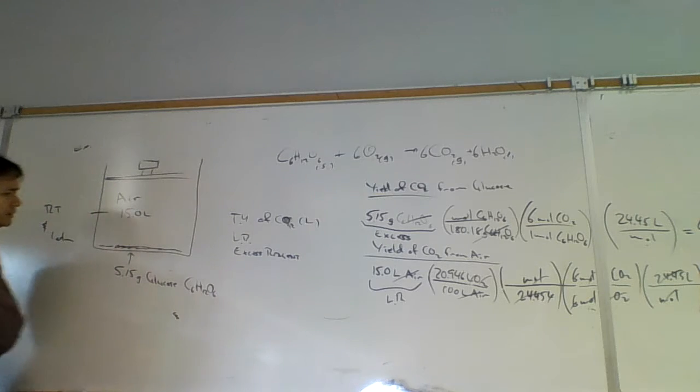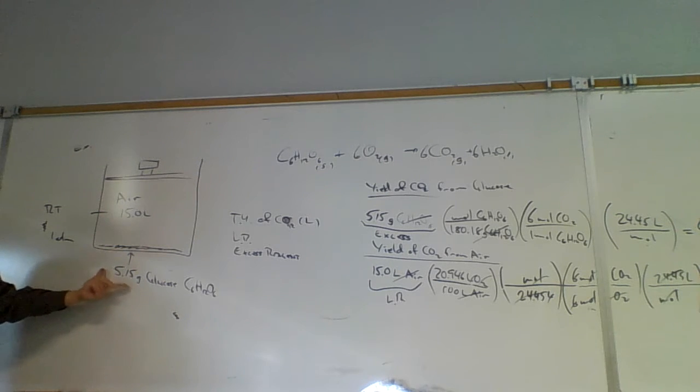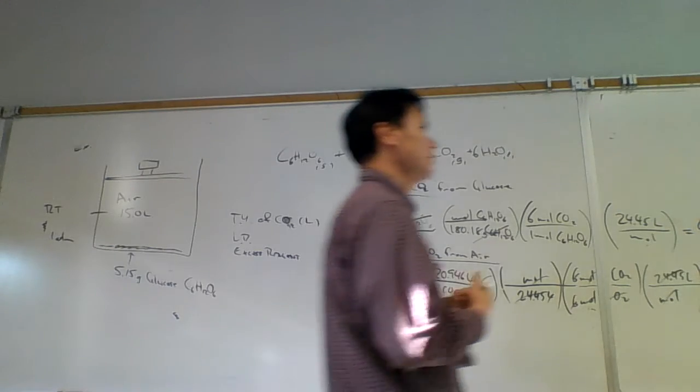So what should I do? Well, I need to add more air, but I don't have more air. It's gone. What I need to do is figure out how much glucose remains. Can you do that calculation for me?